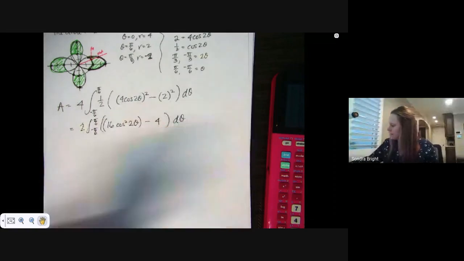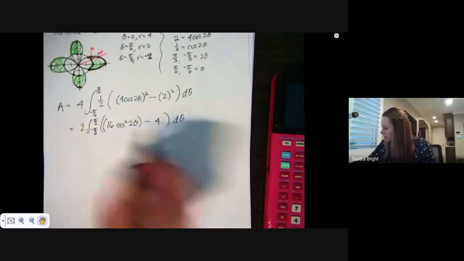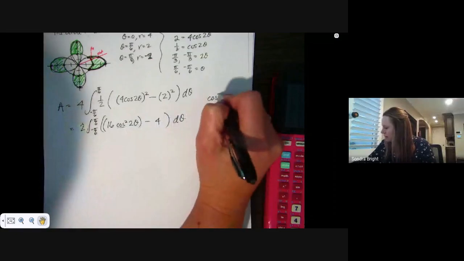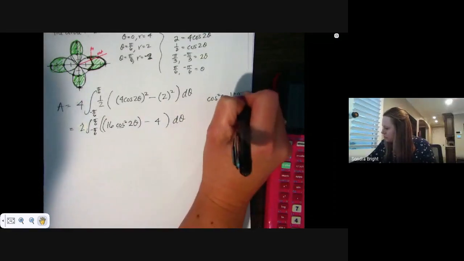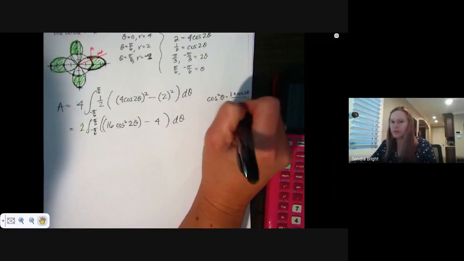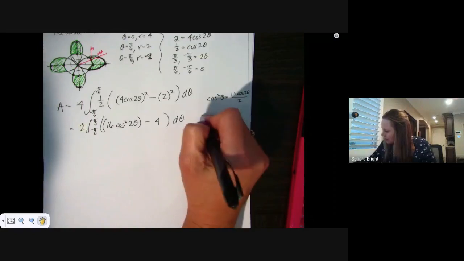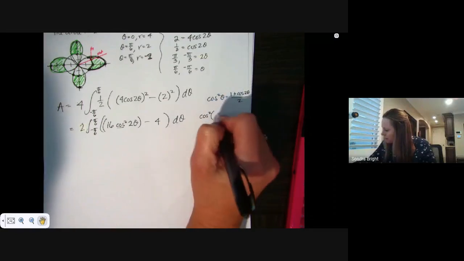You're going to rewrite this. From the last one, we know cosine squared is equal to 1 plus cosine of 2 theta over 2. But that means I've got cosine squared of a different angle right now.